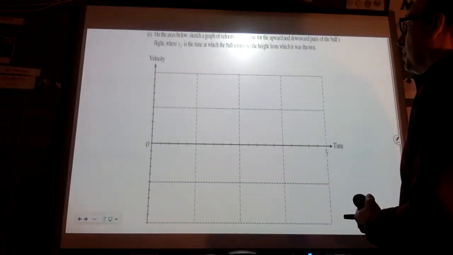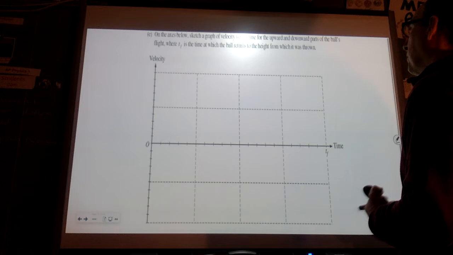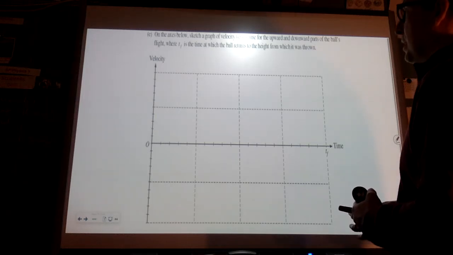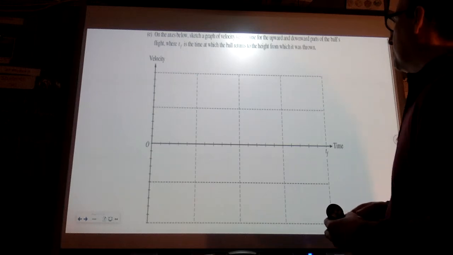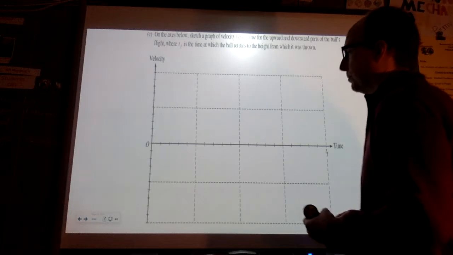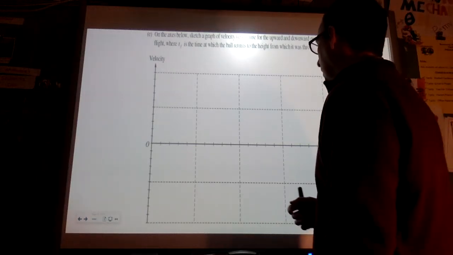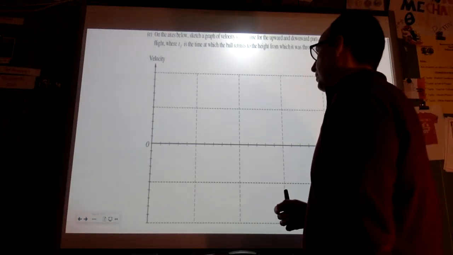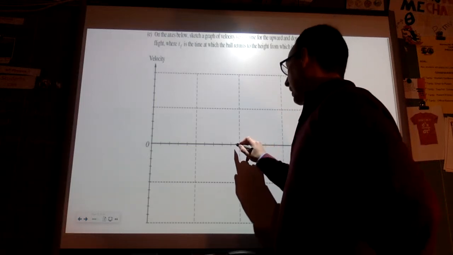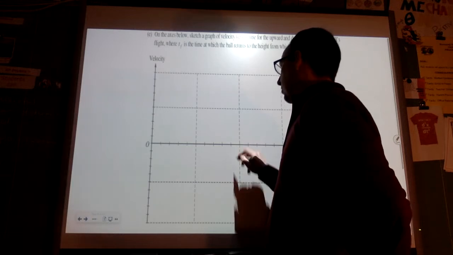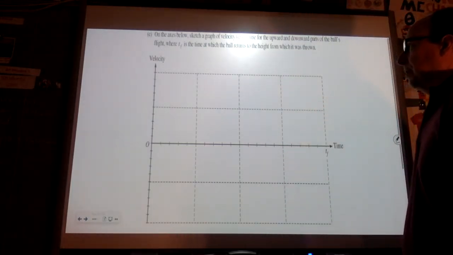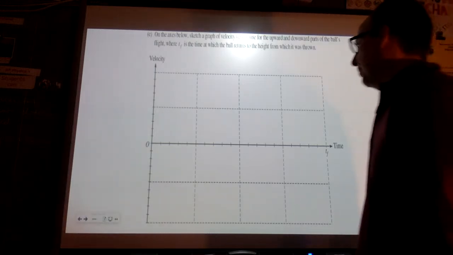On the axis below, sketch a graph of the velocity versus time for the upward and downward part of the ball's flight, where tF is the time at which the ball returns to the height at which it was thrown. So we're saying that it's going to take longer to come down than it did to go up.